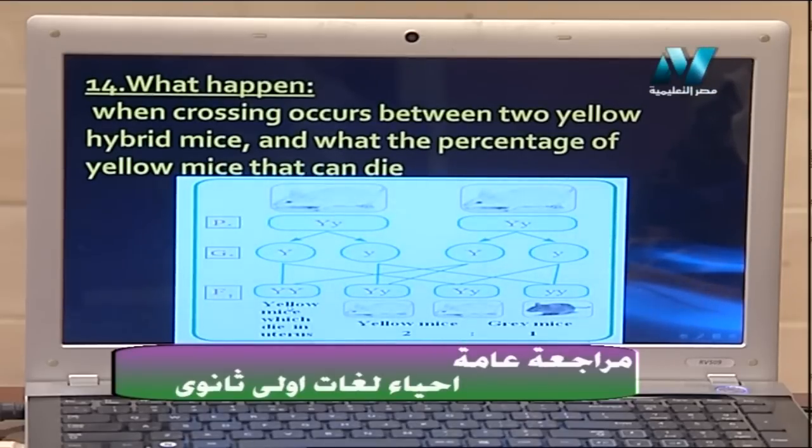This is a dominant lethal gene, it will die. Here, two yellow, hybrid, and this is one gray. The ratio here, two yellow, one gray. But here the yellow is hybrid. No mice are yellow with capital Y capital Y. It will die.